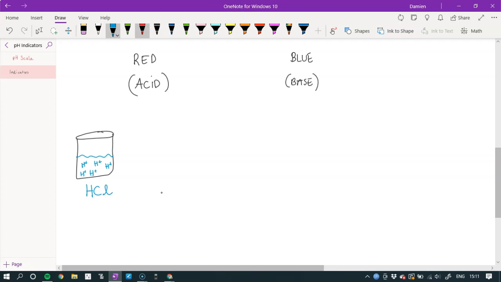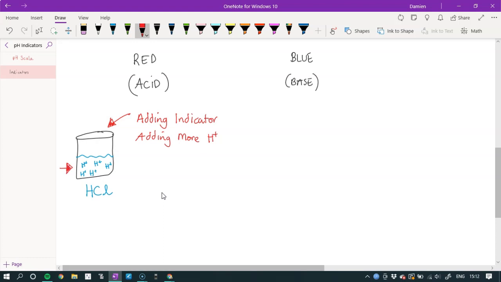So if you put an indicator into your acid, what are you doing? You're adding an indicator. Therefore, you're adding more H pluses. Now, at the moment, this is fine, it's balanced.